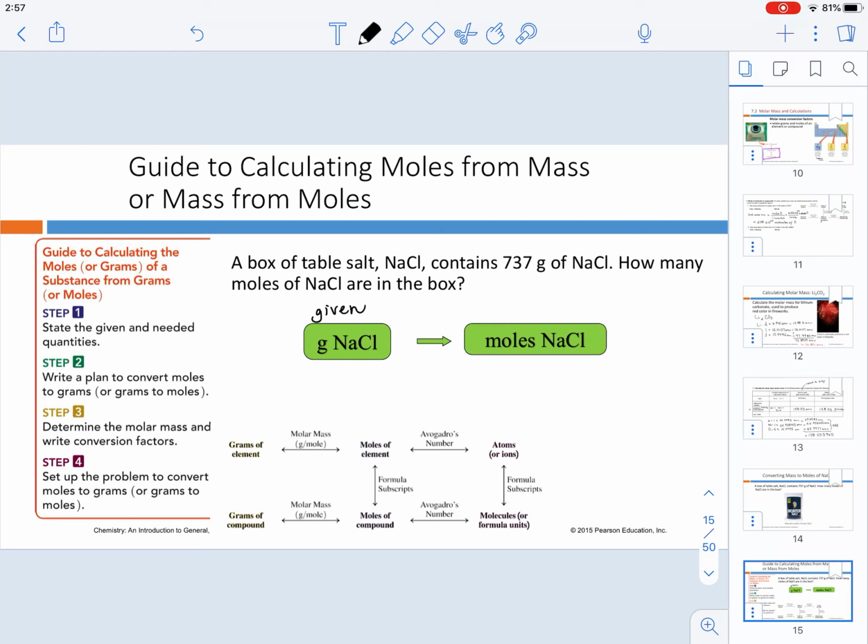So for this particular problem, what is given is grams of a compound. What we need to find is moles of a compound. So understand that in this case we are going to be looking specifically at this area of my flow chart.